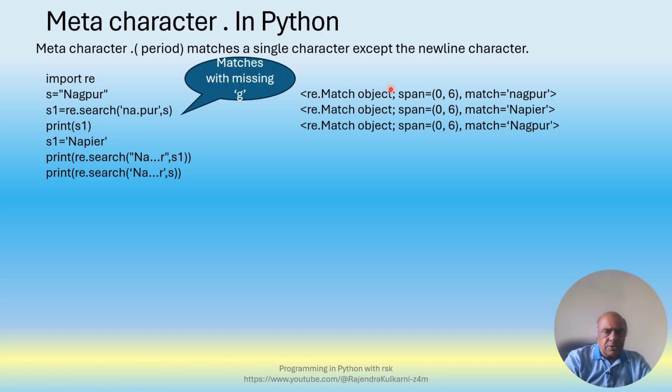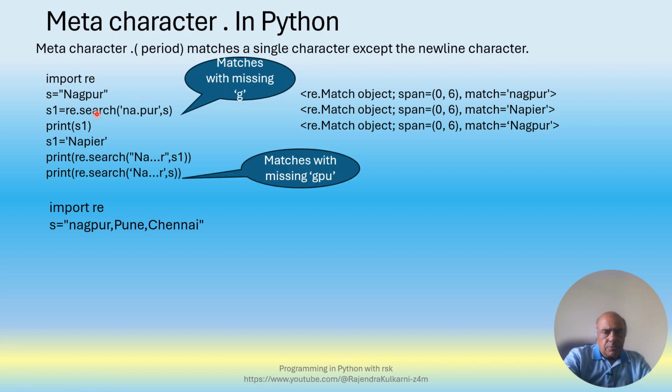In the first case, it is matching with G. In the second case, it is matching with GPU. Then again another string, Nagpur, Pune, Chennai, and S1 is re.search nagp.r.